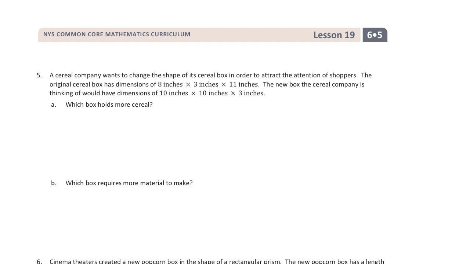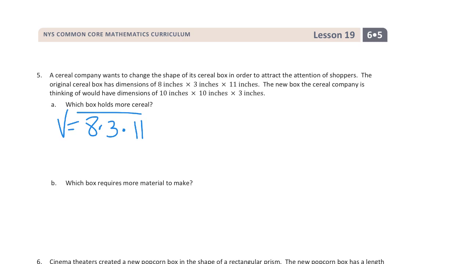Number 5, a cereal company wants to change the shape of its cereal box in order to attract the attention of shoppers. The original cereal box has dimensions of 8 inches by 3 inches by 11 inches. And the new box the company is thinking would have dimensions of 10 by 10 by 3. Which box holds more cereal? So holding more, that's volume. So the volume of the first one is 8 times 3 times 11.